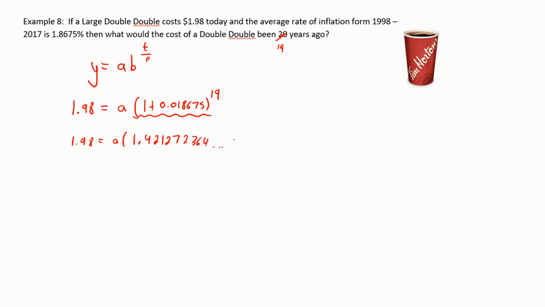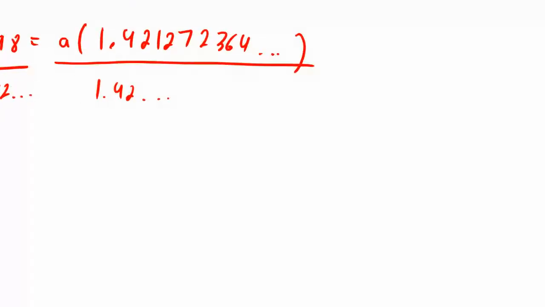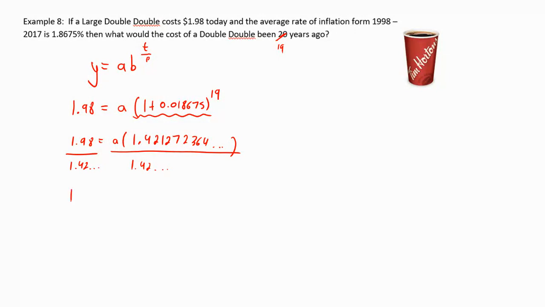And guys, this does keep going on like this. So now to solve for A, I'm just going to divide by this amount over here, so divided by 1.42 dot dot dot. And the price equals $1.39.